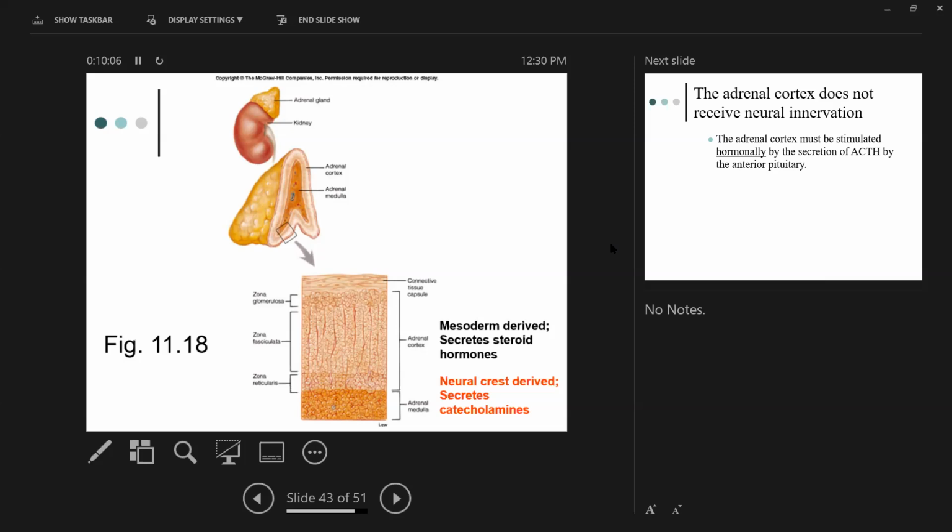And that is in the zona glomerulosa. Now, aldosterone is a hormone that's going to regulate salt balance in the body.